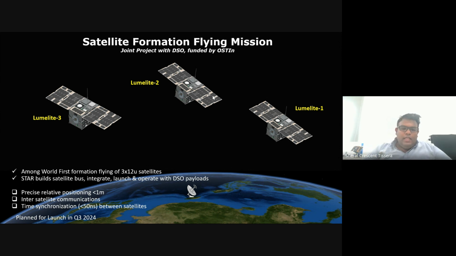Now, some of the technologies that are on board is that it has the ability to achieve a precise relative positioning of less than 1 meter. It has a S-band radio link for inter-satellite communication, and also time synchronization less than 50 nanosecond using chip scale atomic clocks. Now the satellites are ready for launch and is planned for the third quarter of this year.